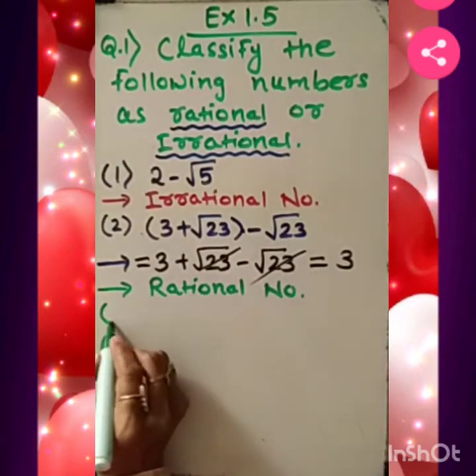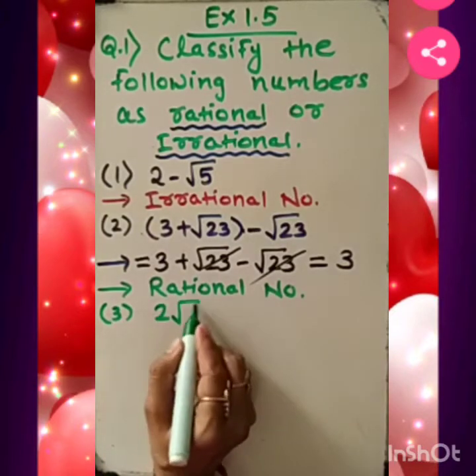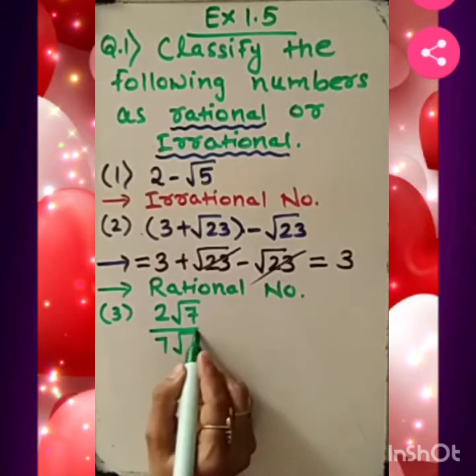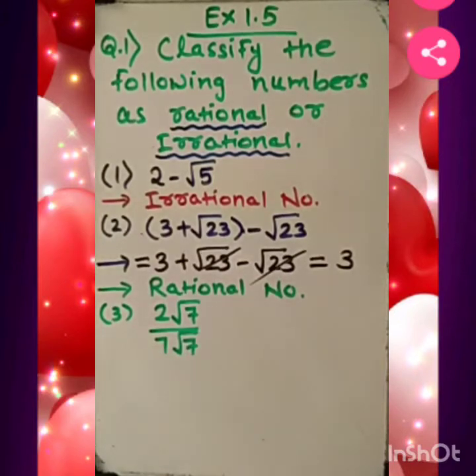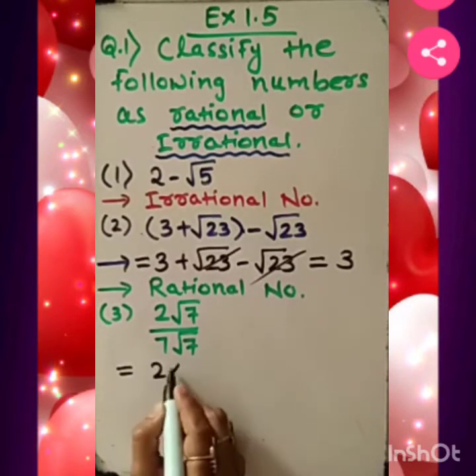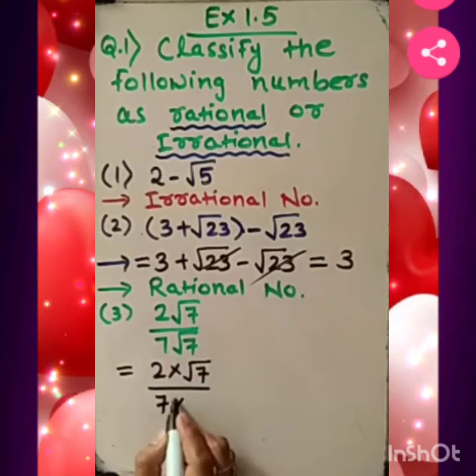Let's work out one more: 2 root 7 upon 7 root 7. Very simple, very easy. Here 2 root 7 indicates a product sign between these two numbers, so 2 root 7 means 2 into root 7, and we can separate it like that: 2 into root 7 upon 7 into root 7.